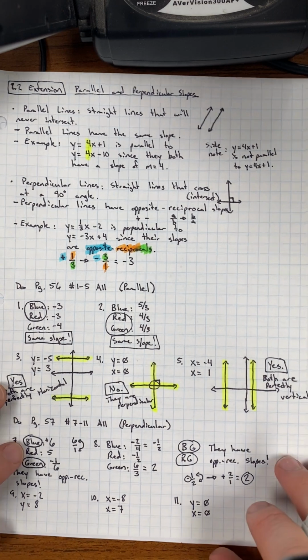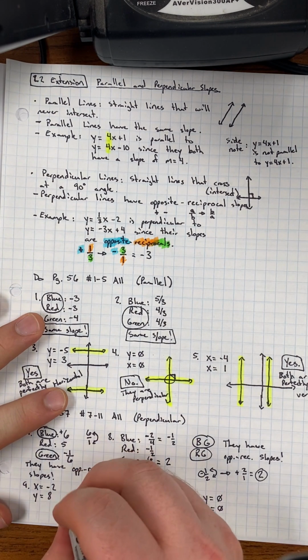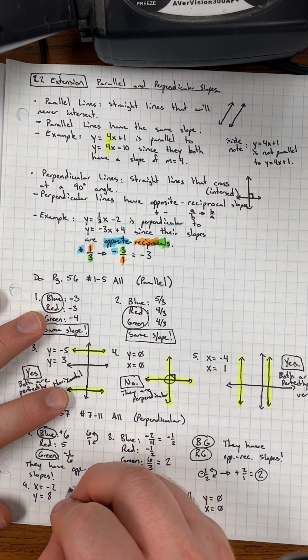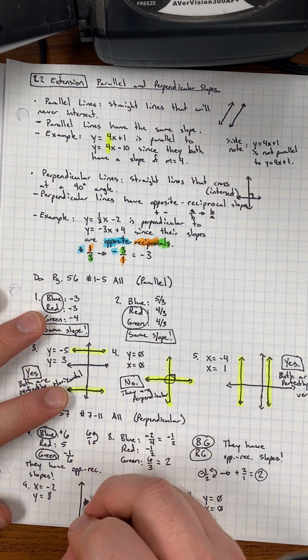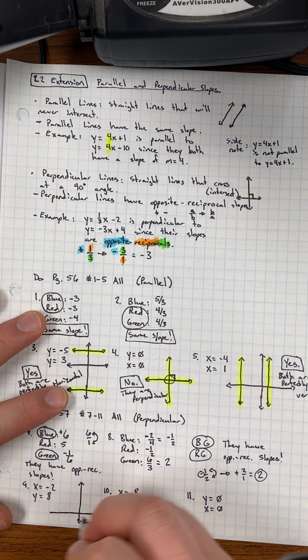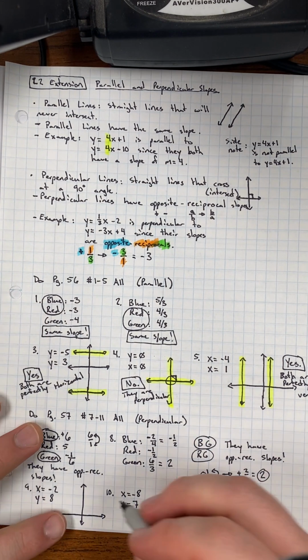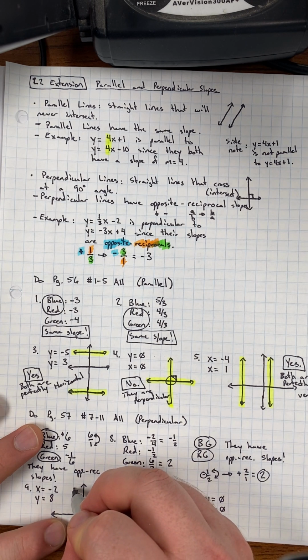Okay, let's talk about number 9 through 11. So number 9 through 11 is the same kind of problems we were dealing with before, except now we're going to get kind of opposite answers. So first off, let's go ahead and take a look at number 9. And like I said before, I'm just going to kind of draw a rough estimate of where these lines would end up. So if I'm looking at number 9, x equals -2 is going to be somewhere along the lines of this, right?